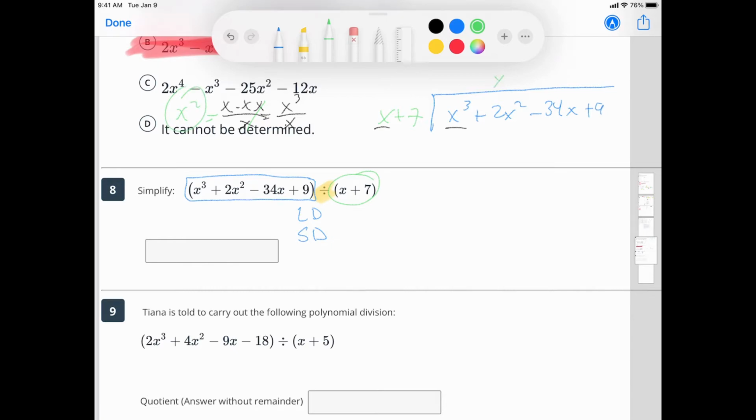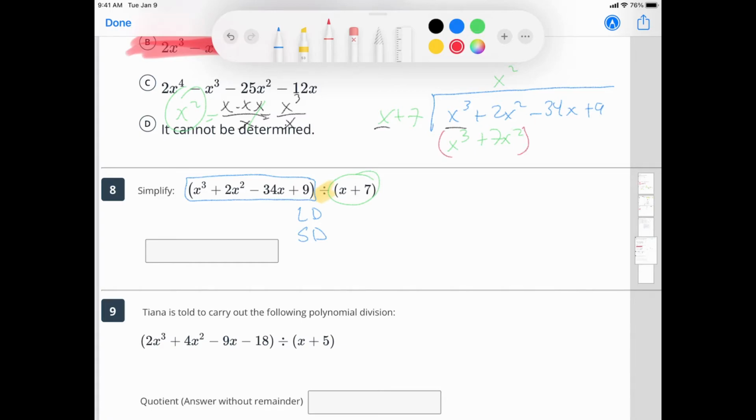So x squared, now we're going to multiply. We just did division, now we're going to multiply x squared times x and x squared times 7. Okay, that would give us x cubed and a 7x squared. 7x squared would be positive.